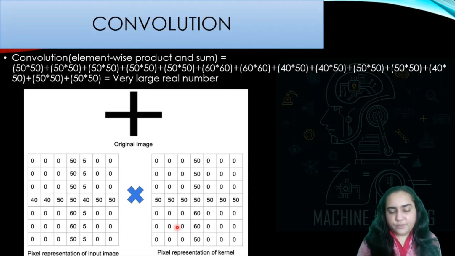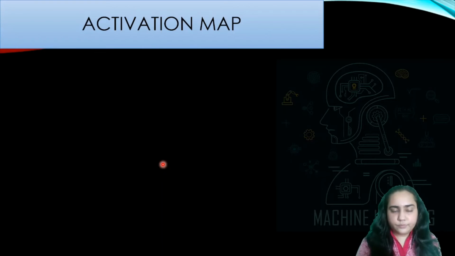And every time all 50s are going to get multiplied, and you'll get a very large real number. So due to that, you can say that both the images are sort of matching because they have non-zero values in the exact same positions, which is causing you to actually get a very large real number upon multiplication. So that's the convolution layer.